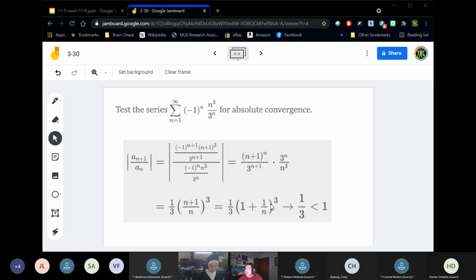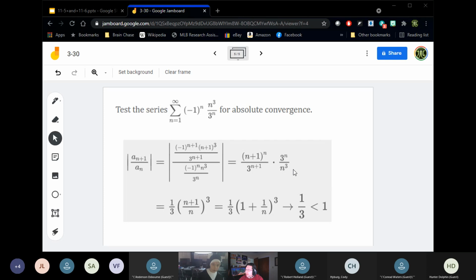So I end up getting the n plus 1 to the third over 3 to the n plus 1, and n to the third over 3 to the n. Oh, that should actually be a 3, not an n. So n plus 1 to the third power and 3 to the n plus 1, and then 3 to the n. So you just take the bottom fraction and flip it over.